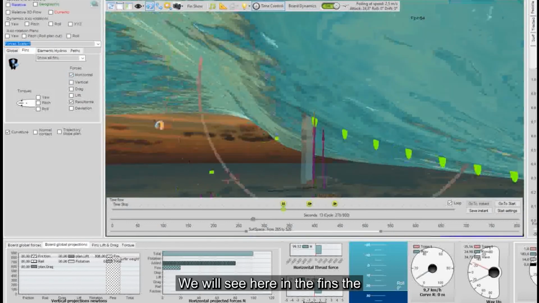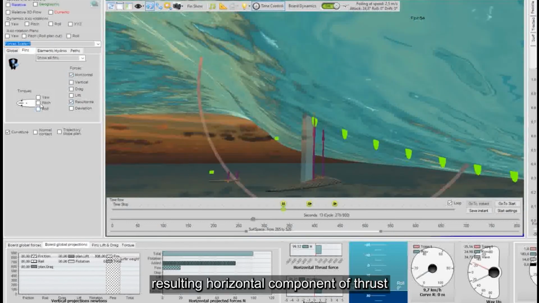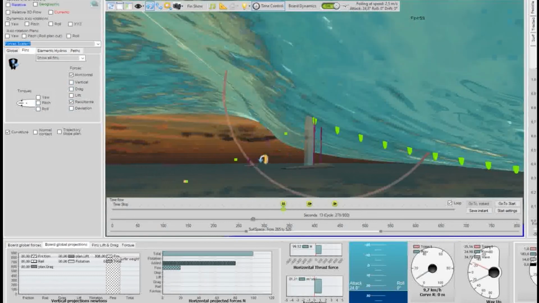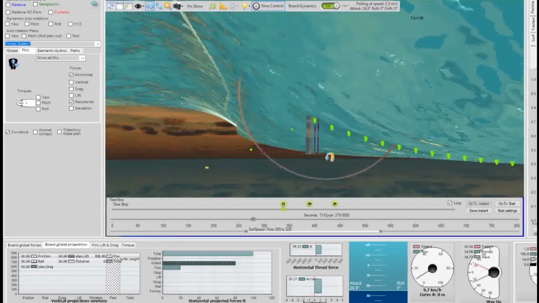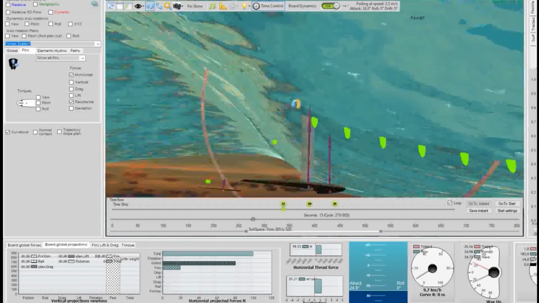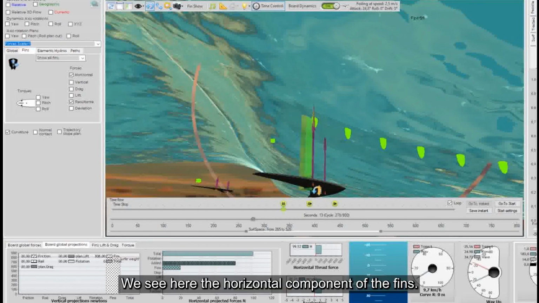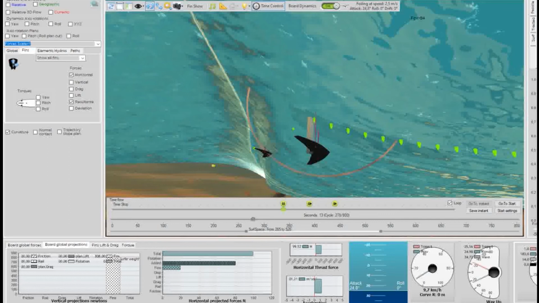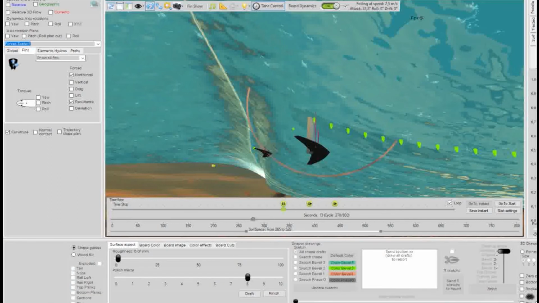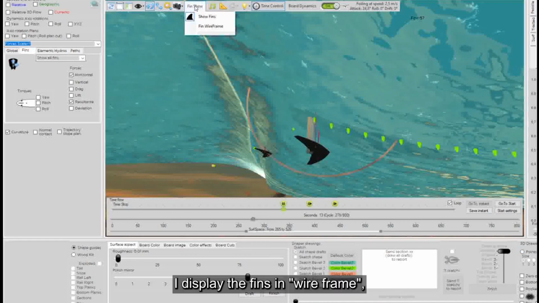We will see here in the fins the resulting horizontal component of thrust, which is quite small. We see here the horizontal component of the fins. I display the fins in wireframe.